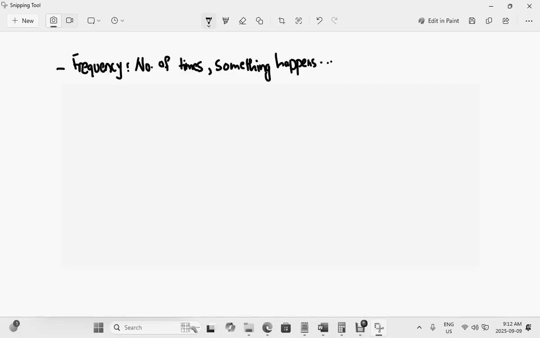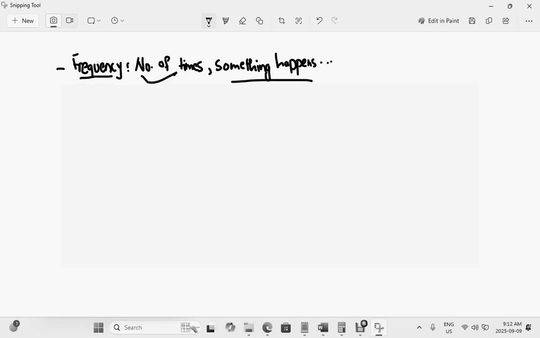Say for example, something could happen twice, it could happen 5 times, it could happen 10 times, and so on and so forth. So frequency has to do with the number of times something happens.